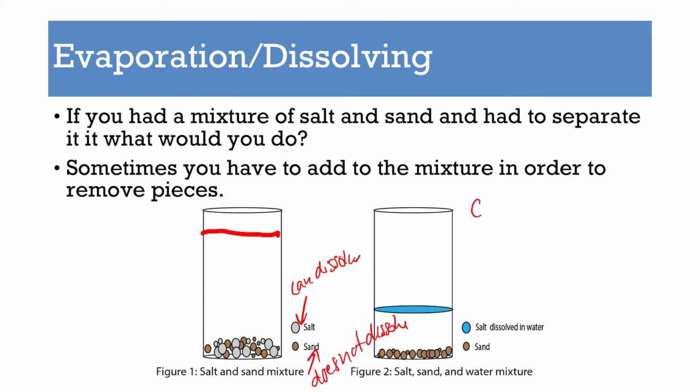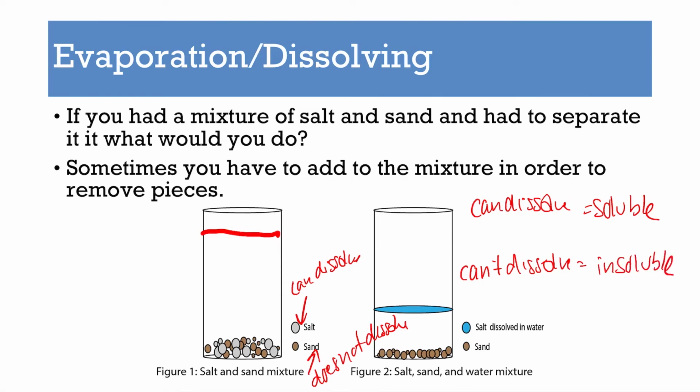If something can dissolve, we call it soluble. If something can't dissolve, we call it insoluble. Okay, so if we pour the water in, now we have salt dissolved in water. So we have this salt water and the sand that's on the bottom.